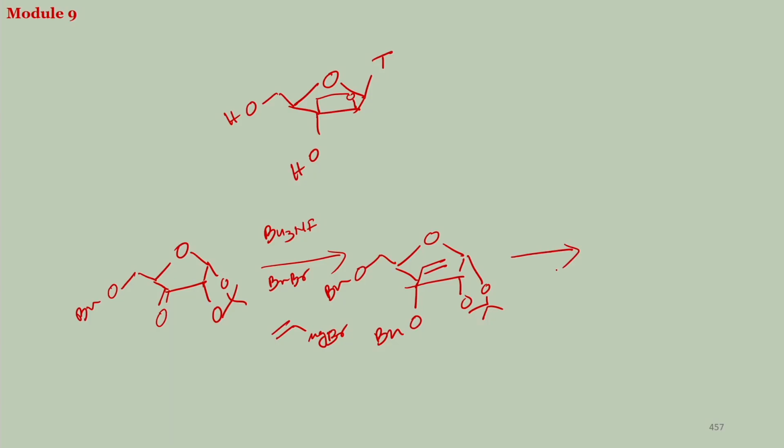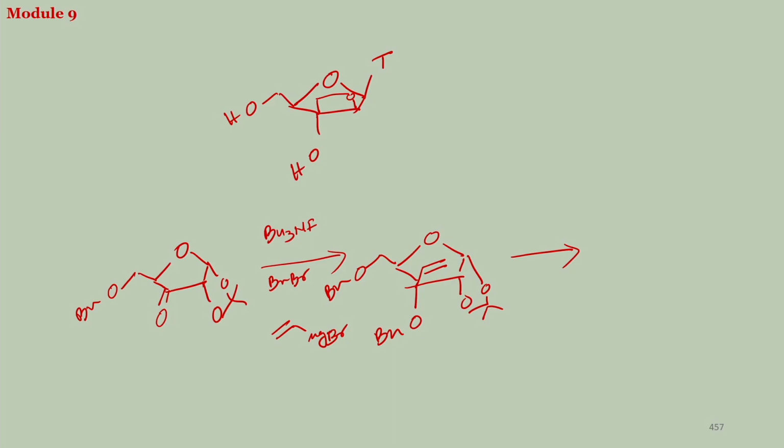And now what you have to do, if this is your target, you need one CH2 here, you have 2 CH2. So, you need one CH2 basically here and one CH2OH, that is what you need in this position. So, you have to reduce it into the CH2OH.